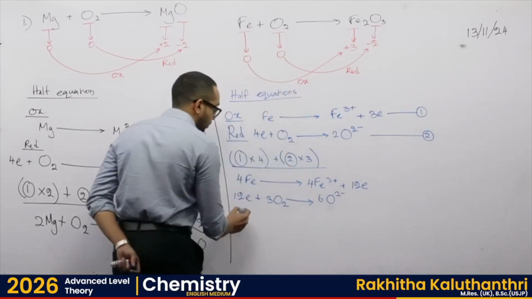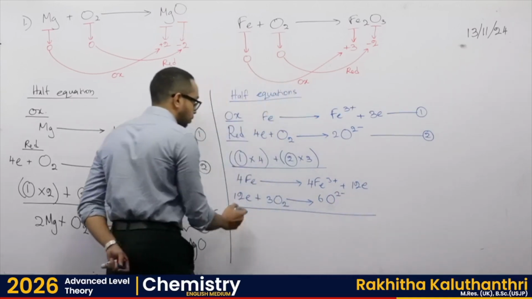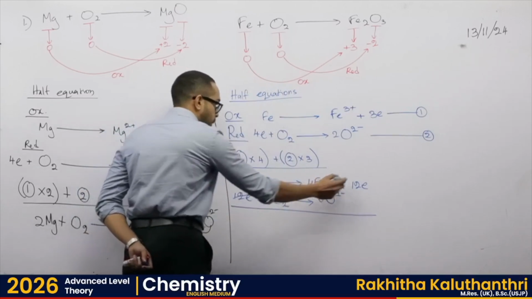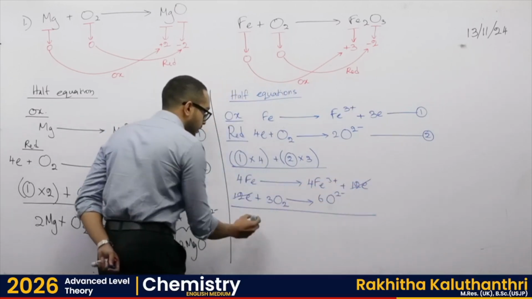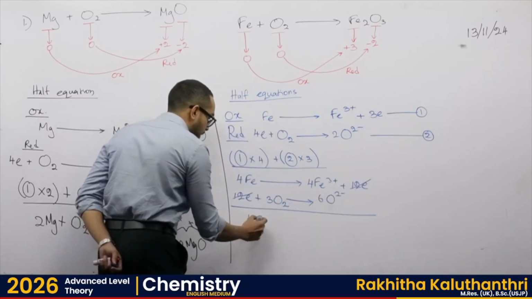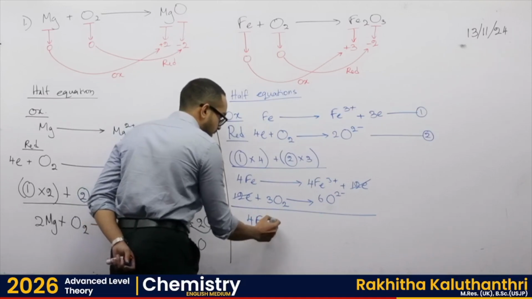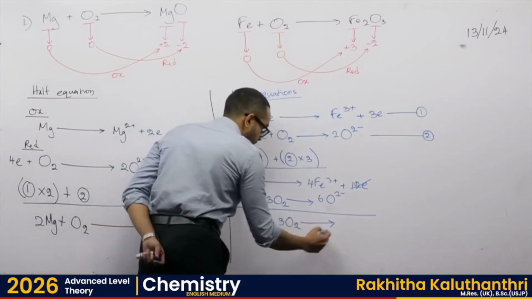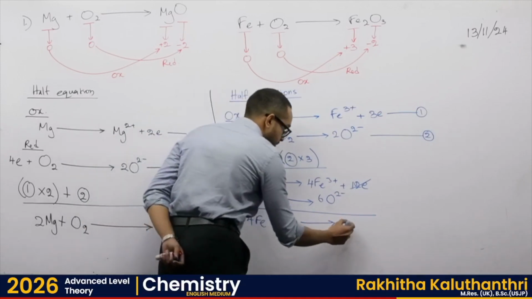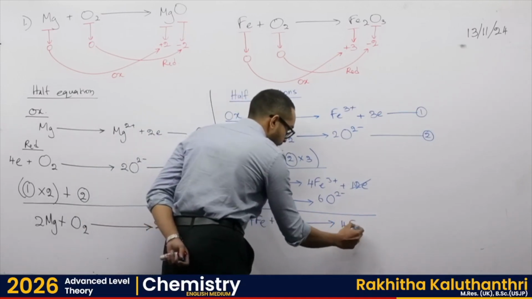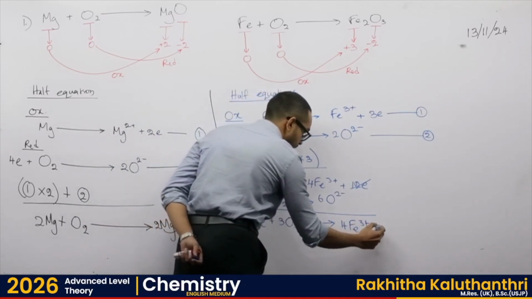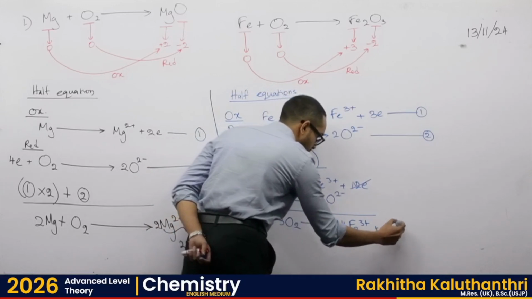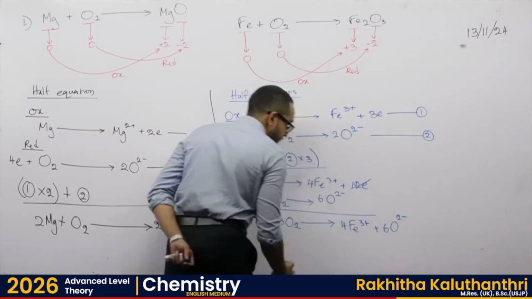So if you add them together, you can see 12 electrons here and 12 electrons here cancel off. So that means 4Fe plus 3O2 becomes 4Fe3+ and 6O2-.